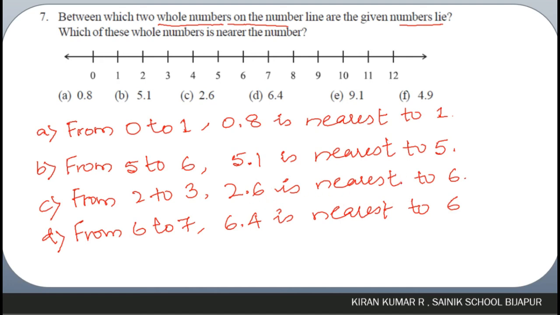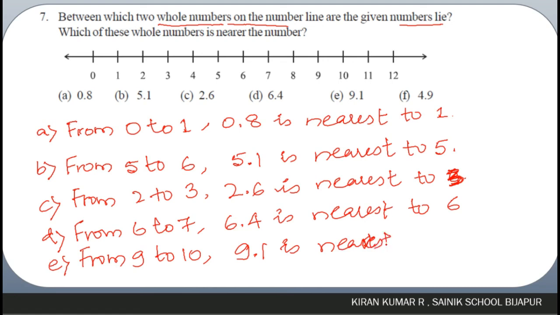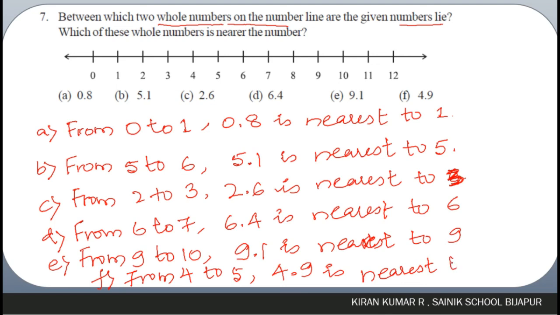E, 9.1 is from 9 to 10, and this number 9.1 is nearest to 9. The last one, F. 4.9 is from 4 to 5, and this number 4.9 is nearest to 5.